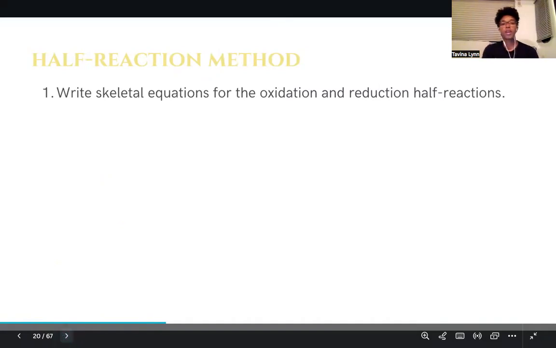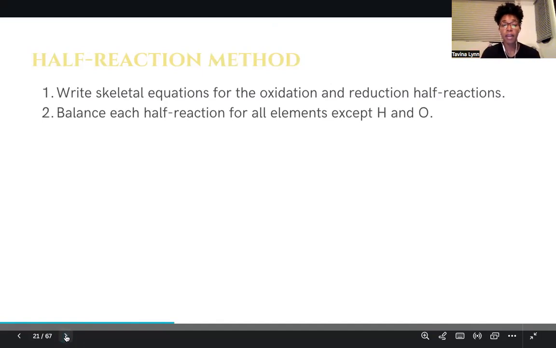So we first write our skeletal equations, and what I just mean is write our oxidation half reaction and our reduction half reaction, right? So we first need to assign the oxidation states so we can figure out what's being oxidized and what's being reduced.